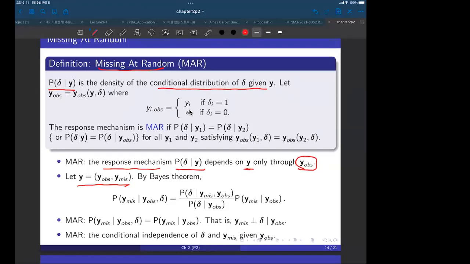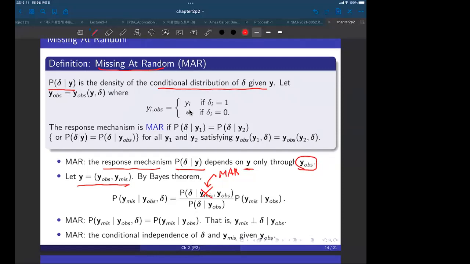And if this depends on y only through y observation, that means under MAR, this guy can be removed. That means the numerator and denominator cancel each other.